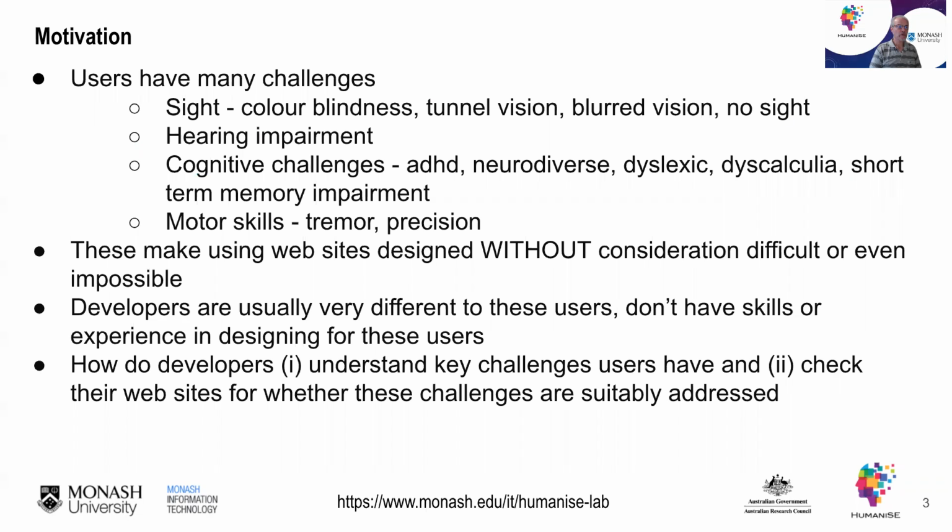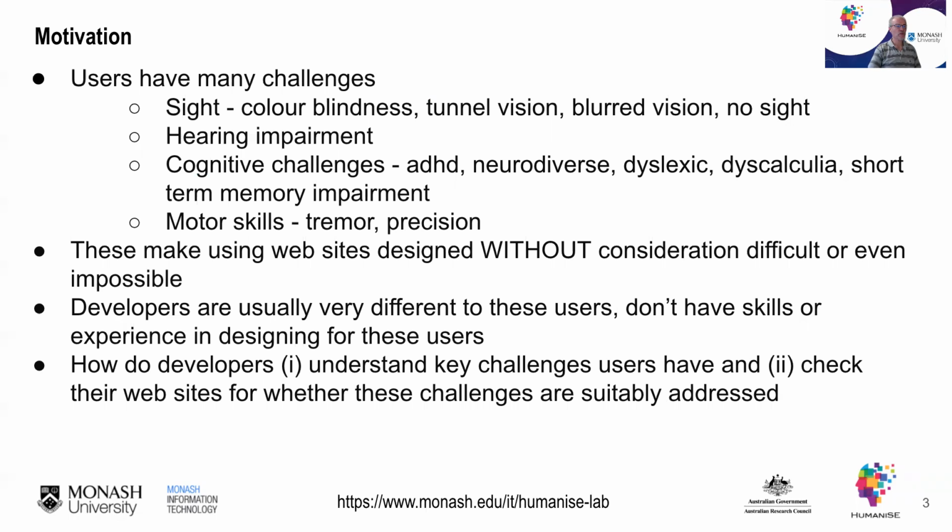And some have motor skill issues, not being able to move a finger or mouse to select items with precision, or having tremorous movements and so on. And there are many others as well. Now, websites that are created without considering these issues are very difficult, even sometimes impossible to use.